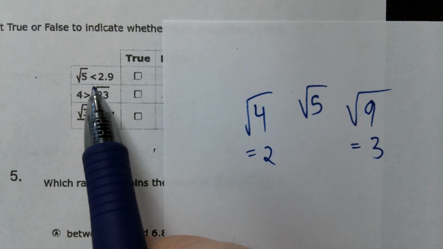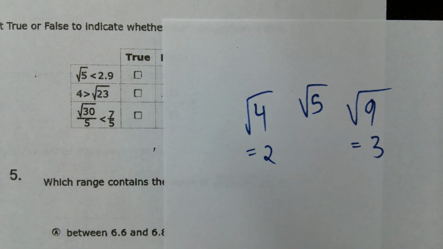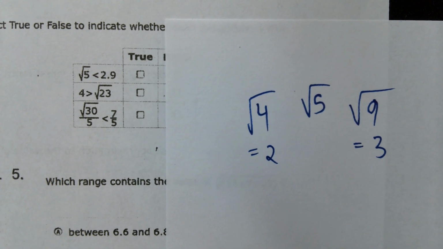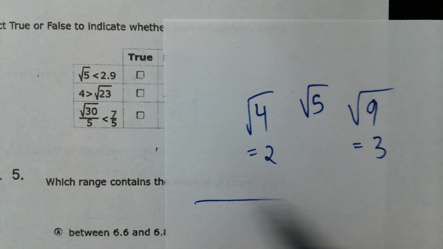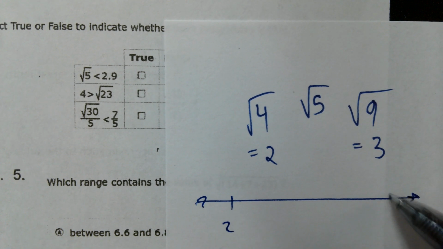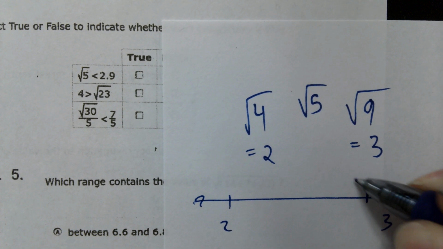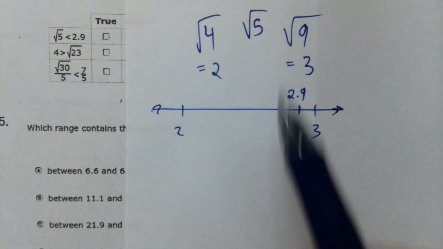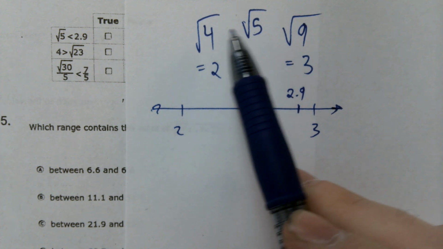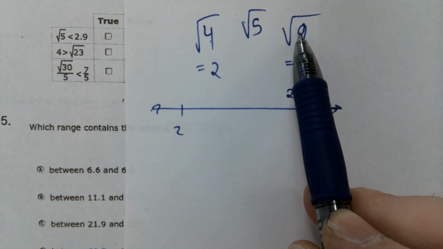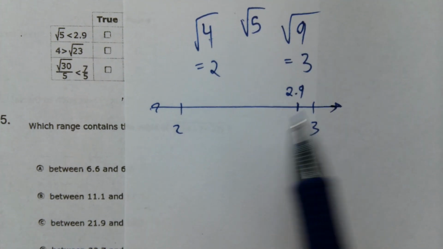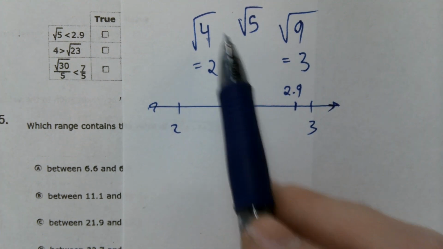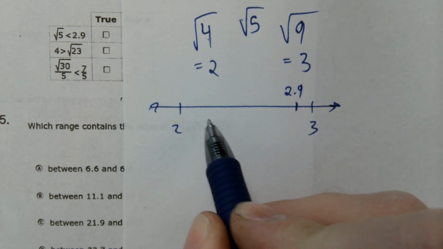Does that help me answer this first question? No, because 2.9 is also in between 2 and 3. The question is, where between them are these numbers? 2.9 is pretty close to 3, isn't it? The square root of 5, is that closer to 4 or closer to 9? It's closer to 4. So if I'm thinking in terms of a number line, the square root of 5 is going to be somewhere over here.